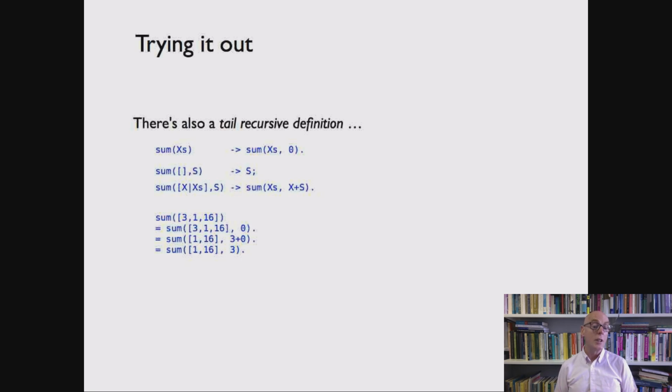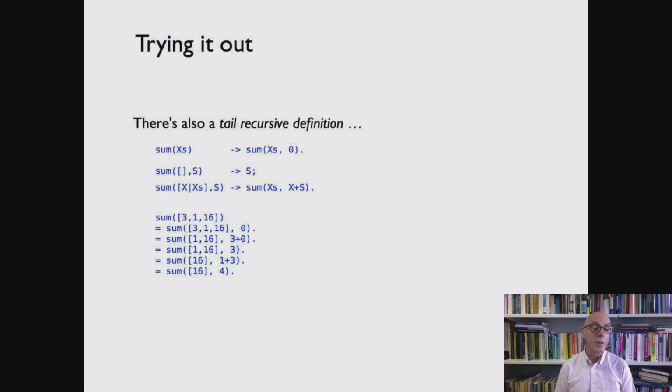Now we've still got a non-empty list in the first argument, so we use the second clause again. x matches 1, x's matches the list with 16 in it. So this becomes the sum of the list with just 16, and the accumulator now is 1 plus 3, which of course is 4.